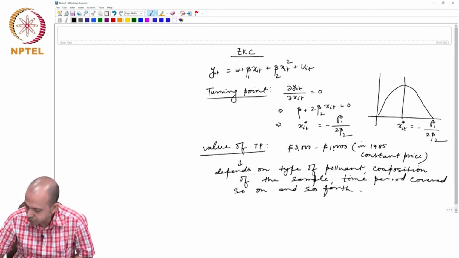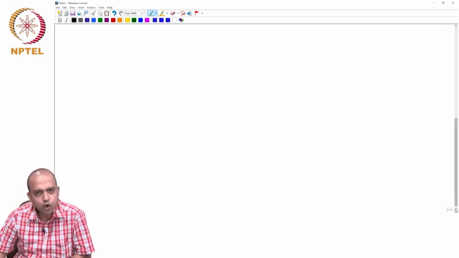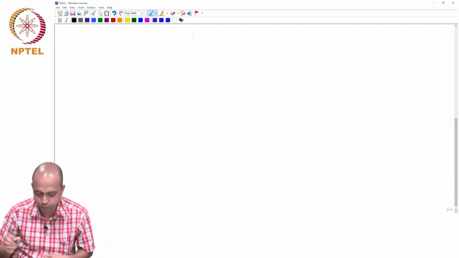The next question that we are going to ask is the policy implications of the environmental Kuznets curve.